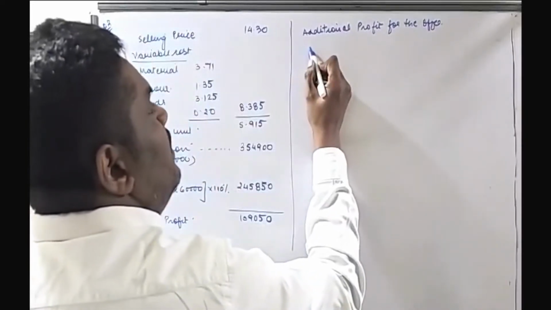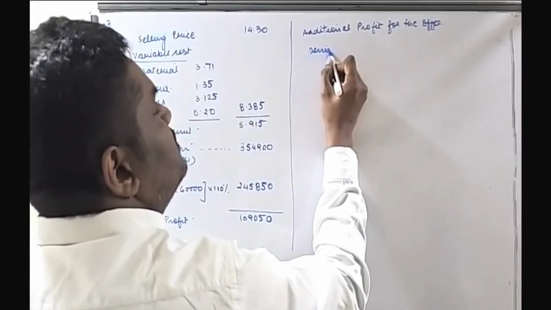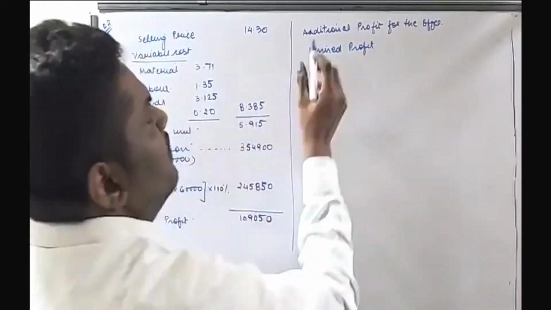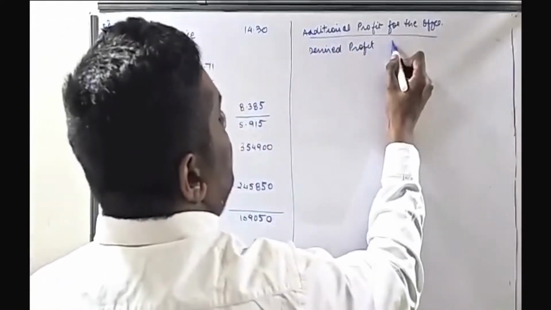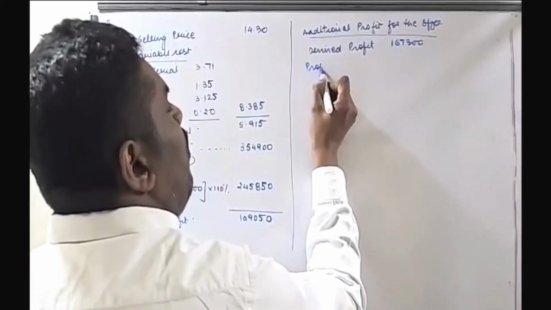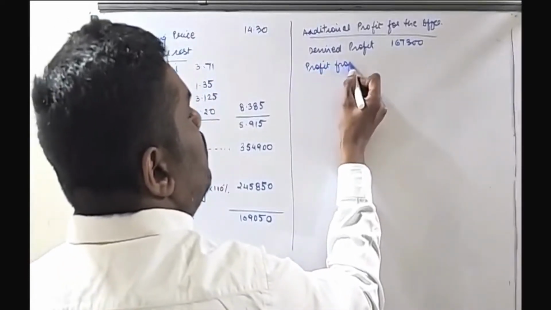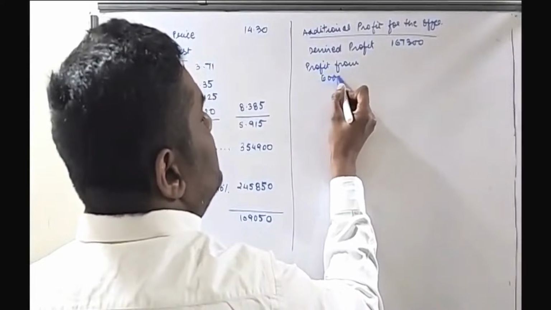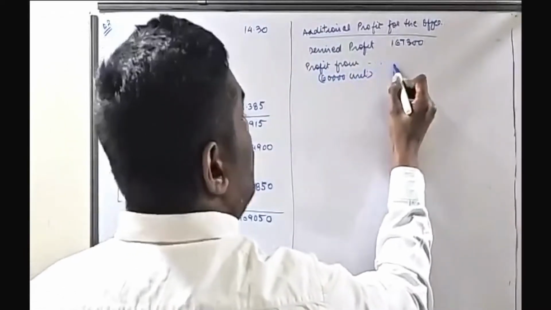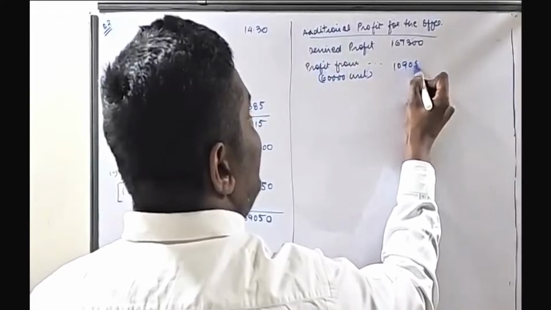See, desired profit is 167,300. Profit from 60,000 units is 109050.